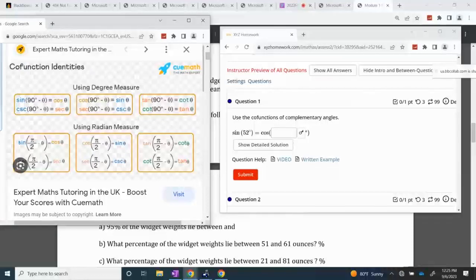So since I'm dealing with angle measures in degrees, I'm going to use this first form. It says the sine of 90 degrees minus theta. I'm going to substitute theta with 52. That's equal to the cosine of theta. And I'm going to do that on the board.